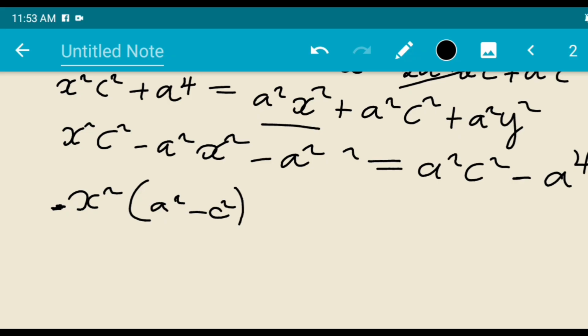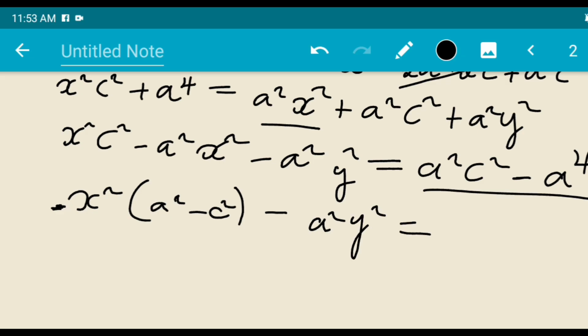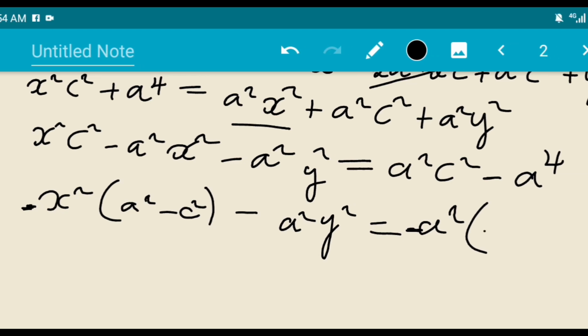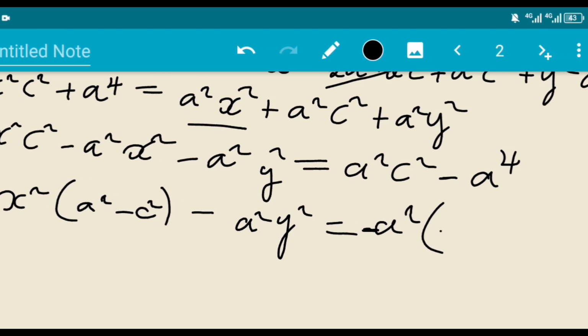And then we say minus, there's a y here, minus a squared y squared should be equal to, we do the same thing here. So what is common between these two? It is a squared. So when we factor out a squared with open brackets, again, we don't want a to have a negative. So as we factor out, we are also factoring out the minus.